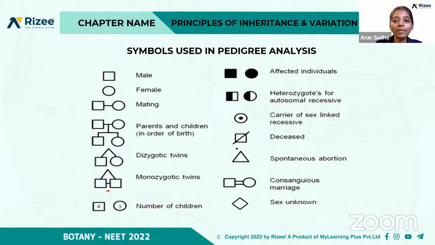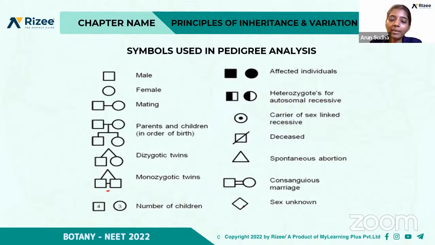And this is for deceased, where you put a cross. Spontaneous abortion is represented as a triangle. Consanguineous marriage, that is marriage between relatives, is also represented in the pedigree chart. And when the sex is unknown, it is represented by this diamond. So these are the general symbols used in a pedigree analysis.